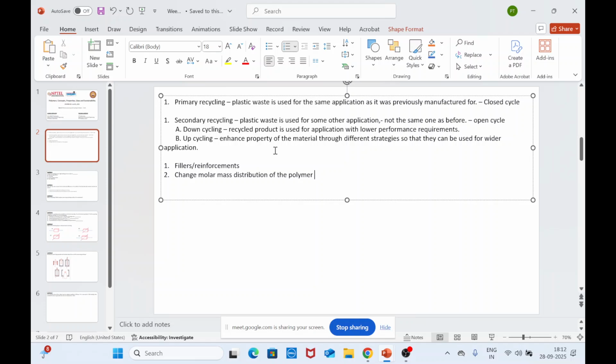So you crush it, cut it or grind it to reduce the volume of the material, and also you clean it, because you don't want contaminants to affect the recycling process. These operations are very common to all the products that you want to recycle.